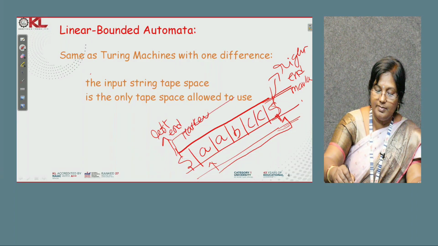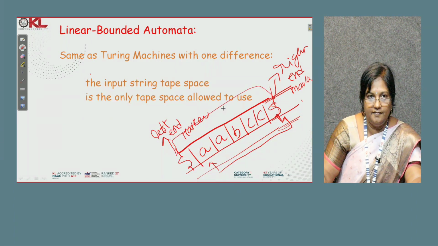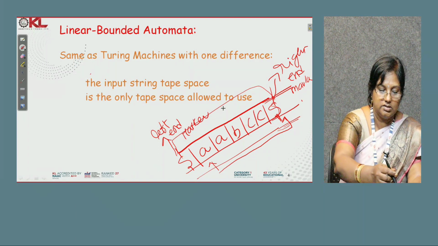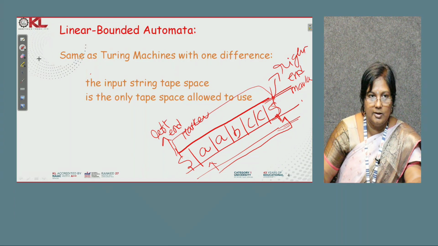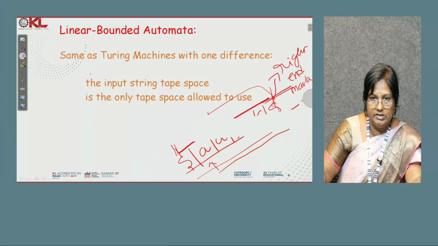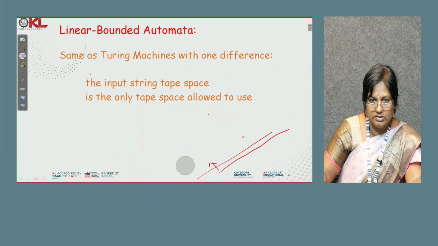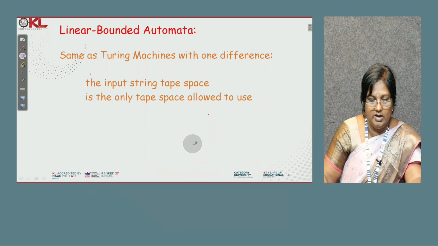So these are the limits, the linear boundary I am giving here for the input space. Because of this reason, we call this the linear bound automata. There is a restriction given for that input space, so that is the main difference we can notice here. And the second one is that it uses only non-deterministic logic. That's why we call this the linear bound automata, with linear boundaries.